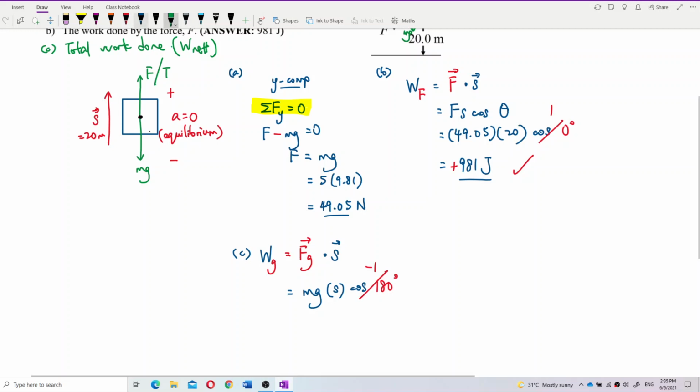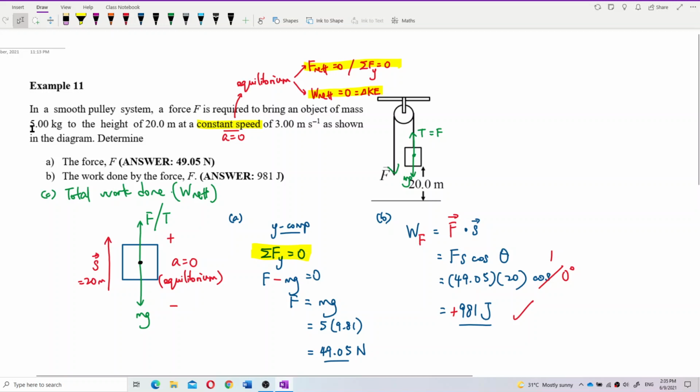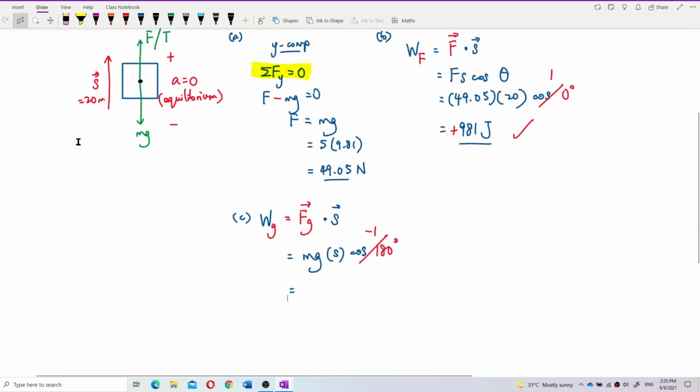So now let's continue. What is the mass m? 5 kilogram. So just put 5 kilogram there, and then multiply 9.81, and then displacement is 20 meter, multiply -1, because cos 180 is -1.